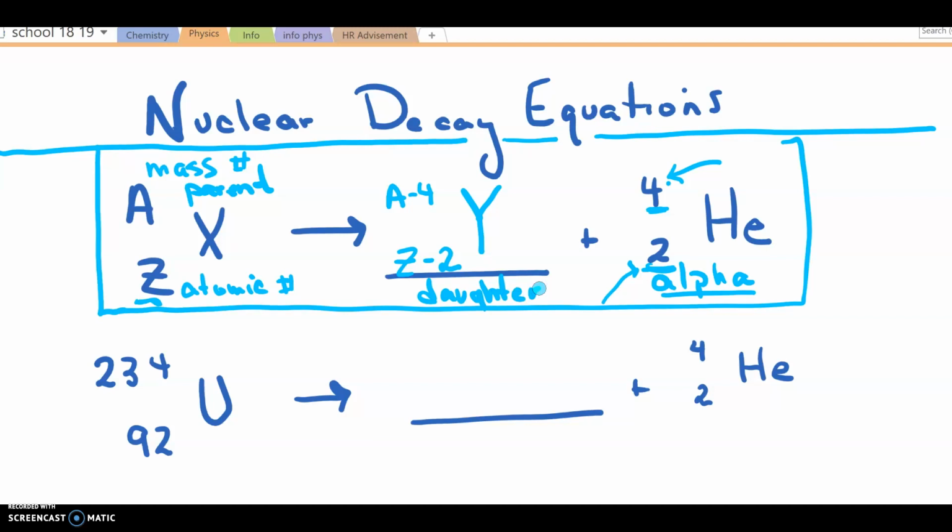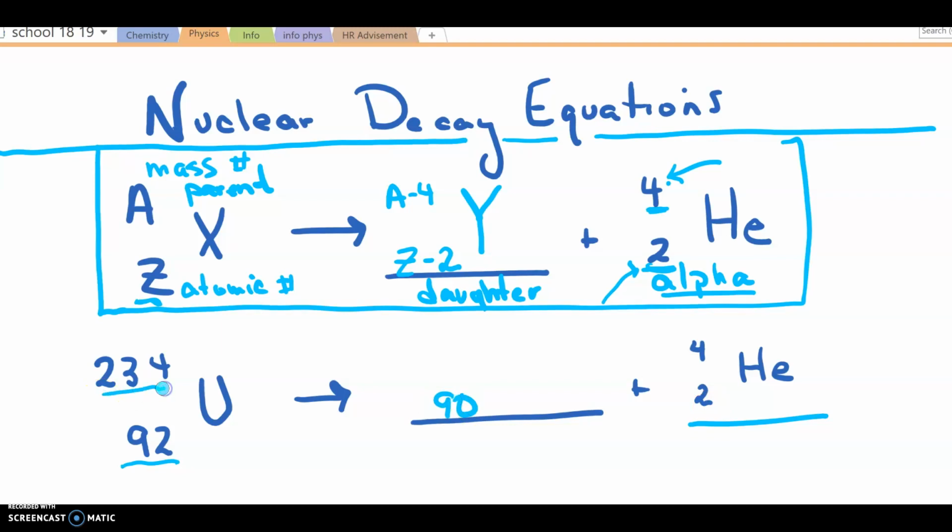So let's try the uranium-234 isotope together. We have uranium-234 emitting an alpha particle. So we're going to take our atomic number or number of protons and decrease it by 2. 92 minus 2 leaves me with 90 protons.